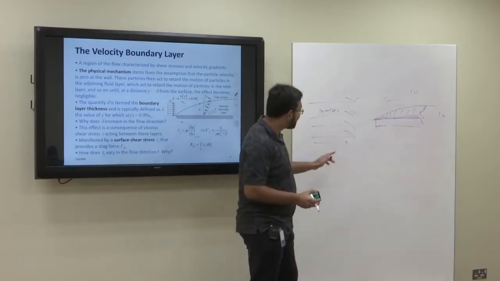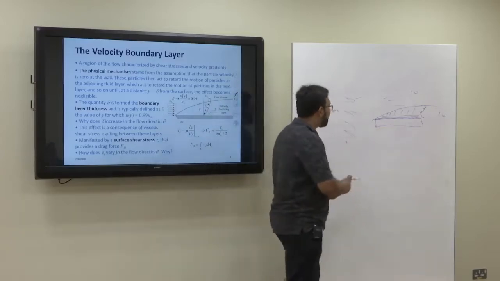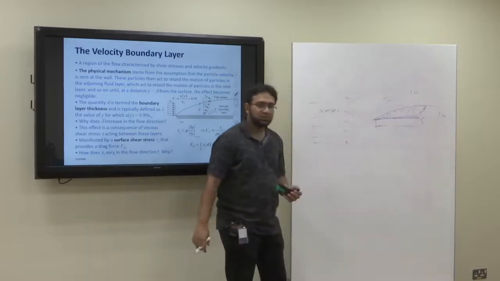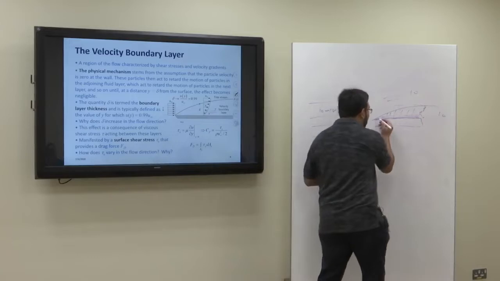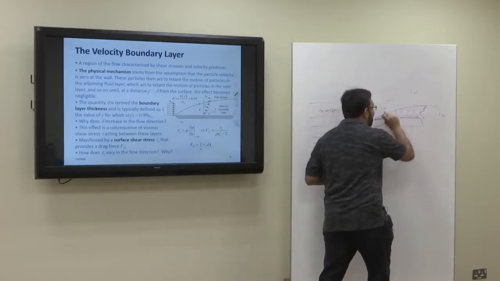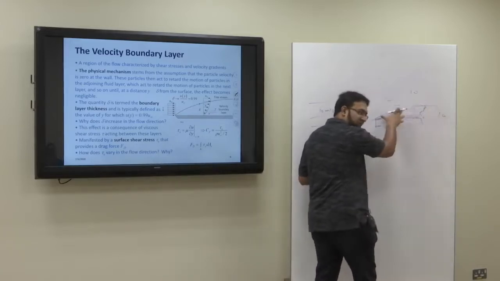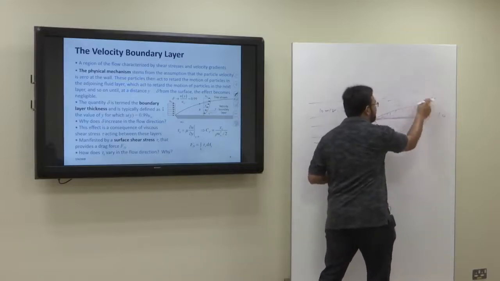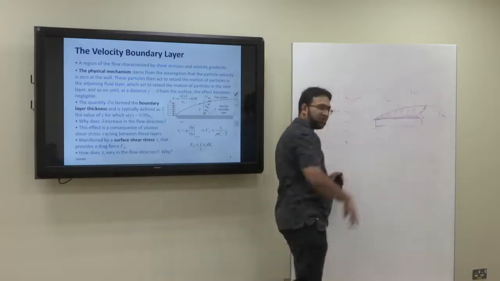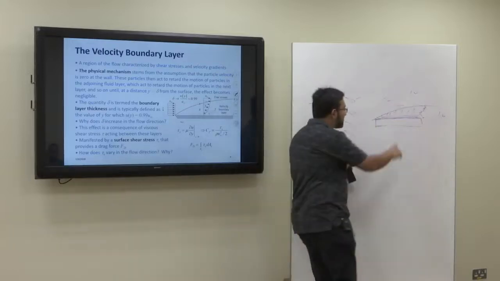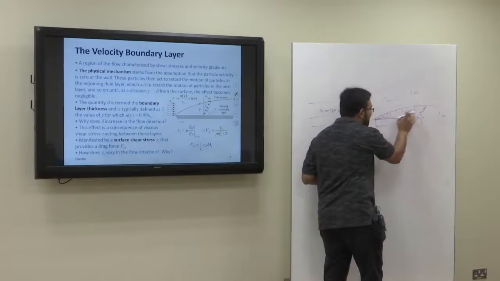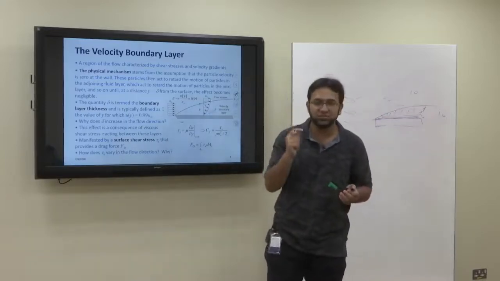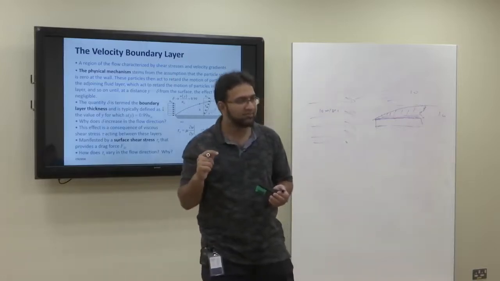But since this object is stationary, you develop a region where you have a velocity gradient. That region can be seen within a boundary. At the boundary, the velocity could be considered the same as the outside velocity. But inside this covered region, there is a velocity gradient. Velocity is different from layer to layer.